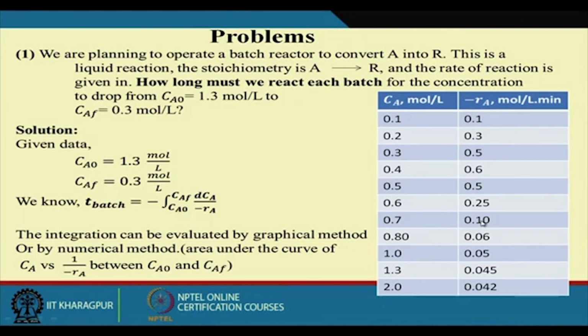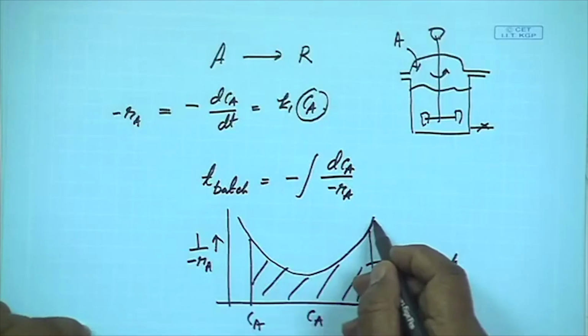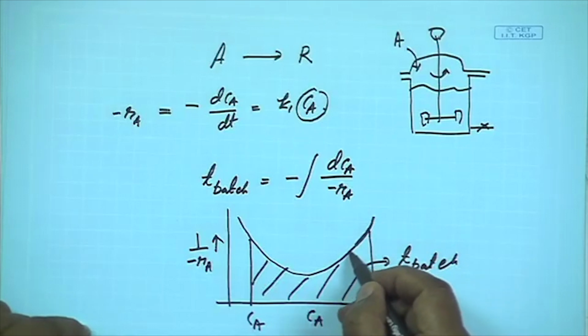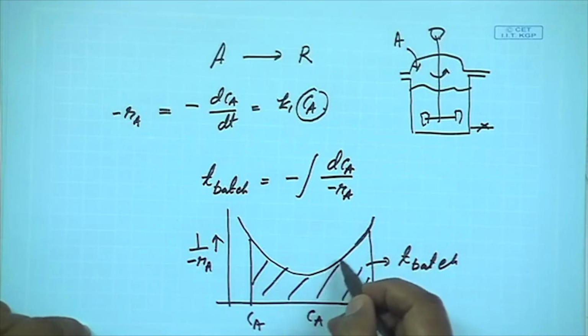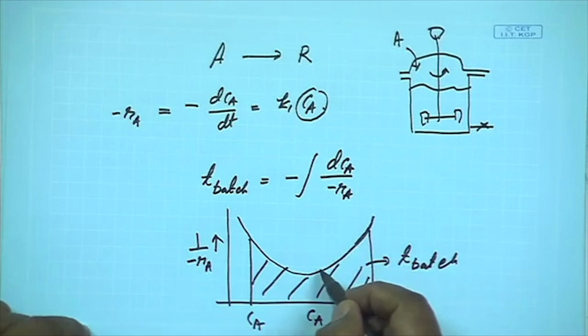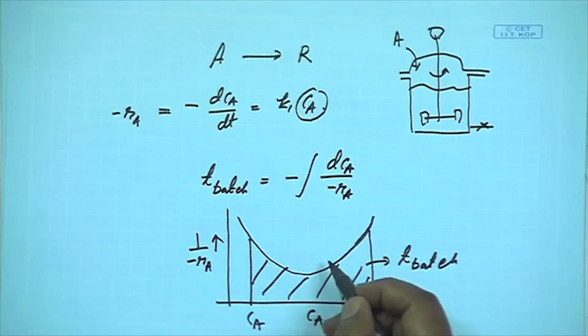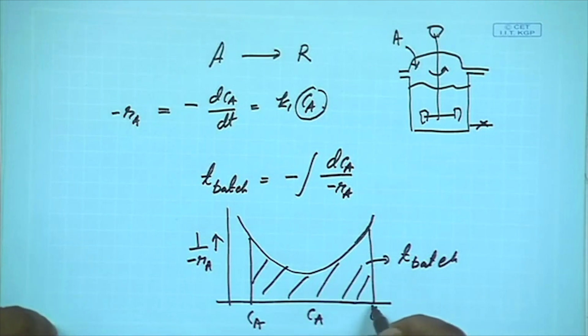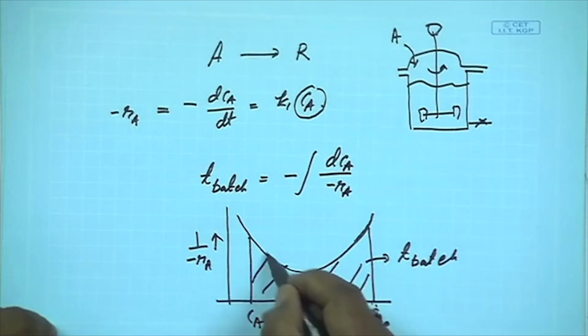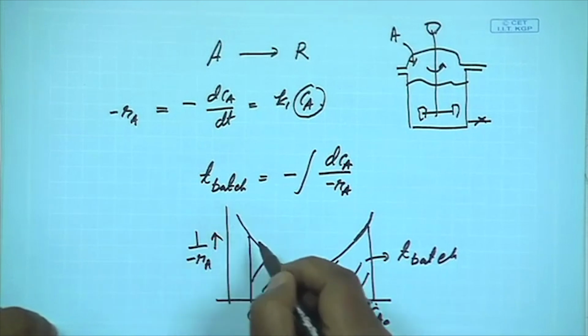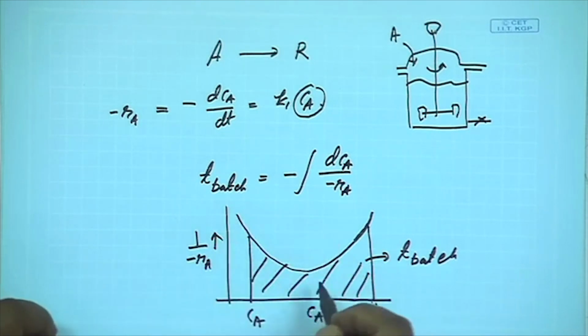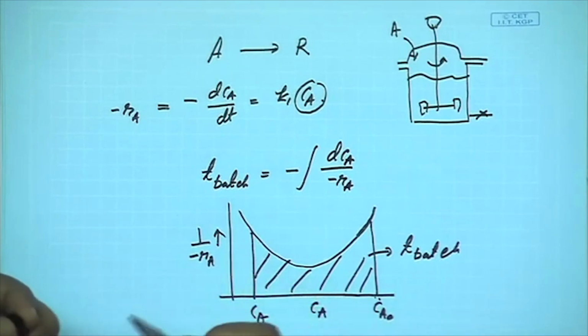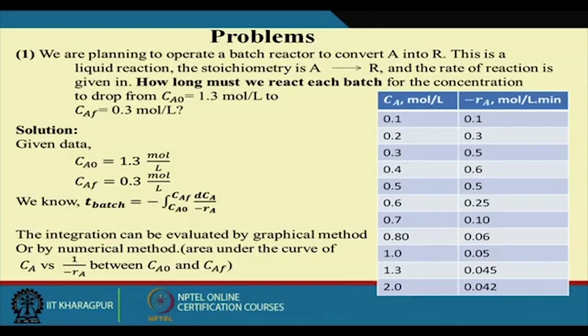So 1 by Ra is decreasing, which means Ra is increasing initially, as this is the initial substrate concentration, and then again it is decreasing. So, this is the pattern of the curve that we obtain. If you draw it on a simple graph paper we can have this pattern.